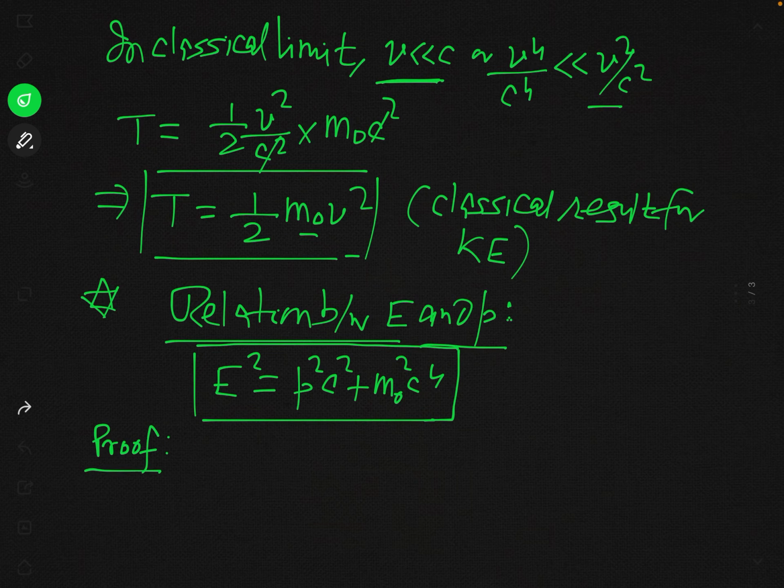So, to prove this result, let us start to find the value of E square minus P square C square. As you know, we have already studied in the previous lecture the expression for the total energy and how we define the momentum.